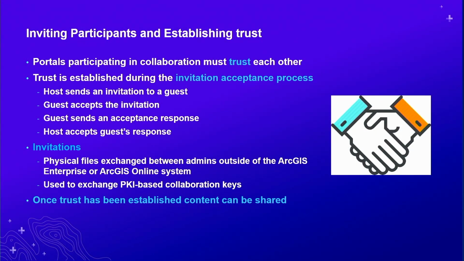Now let's look at how participants are invited to a collaboration and how trust is established. So all portals or organizations participating in a collaboration must trust each other. Trust is established during an invitation acceptance process.